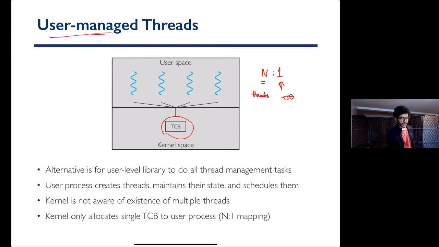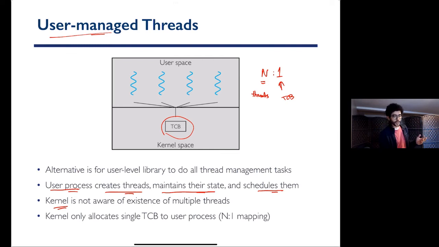So the user process creates threads, maintains their state, and schedules them. And from the kernel's point of view, the kernel is not aware of how many user threads exist. The kernel has no idea you're running 20 threads or 10 threads or 2 threads or 1 thread.